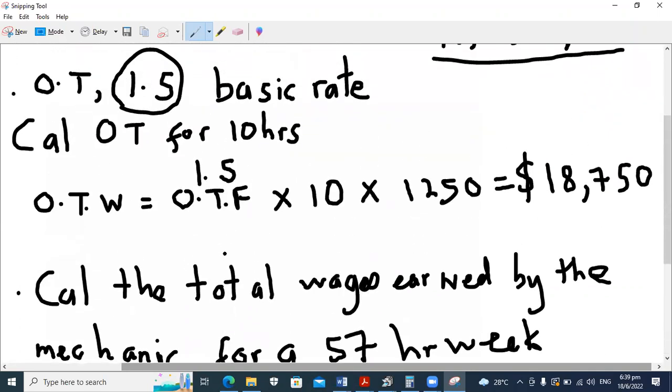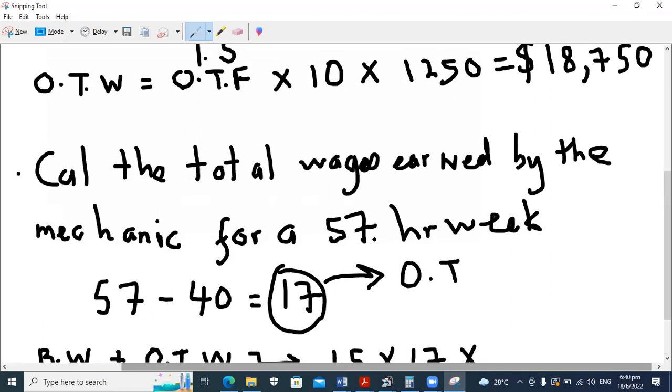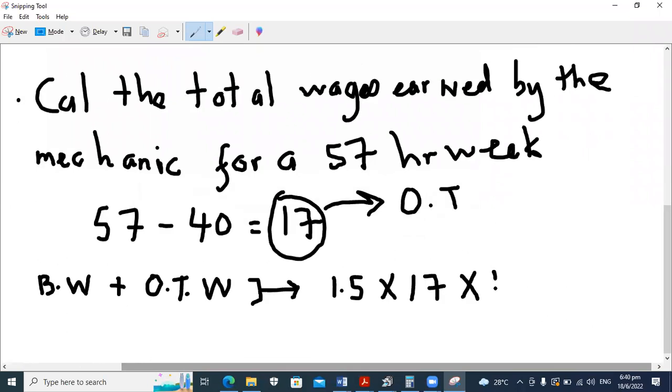So overtime is time and a half, correct? How many hours do you work overtime? 17. Multiply by the basic rate, which is 12.50.